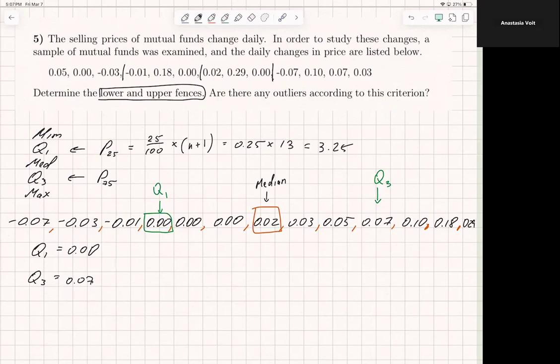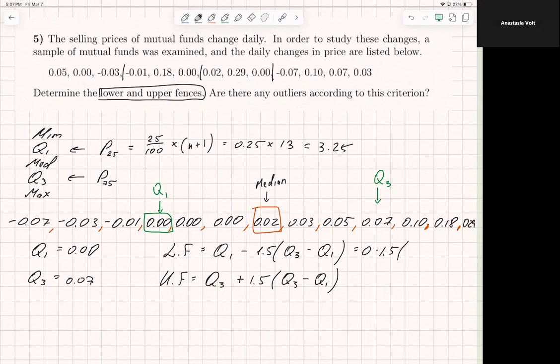So to find the upper and lower fence, we need to use the formula. Lower fence is Q1 minus 1.5 times (Q3 minus Q1), and upper fence is Q3 plus 1.5 times (Q3 minus Q1). And we have here Q1 is 0, minus 1.5 times (0.07 minus 0).